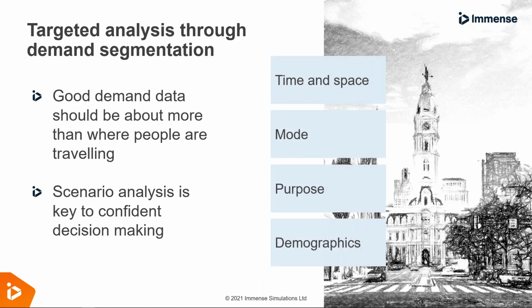Good demand data to underpin robust analysis needs to be about more than just where people are traveling to. By segmenting our demand and by looking at different scenarios, we get a lot more confidence in the decisions that we make.